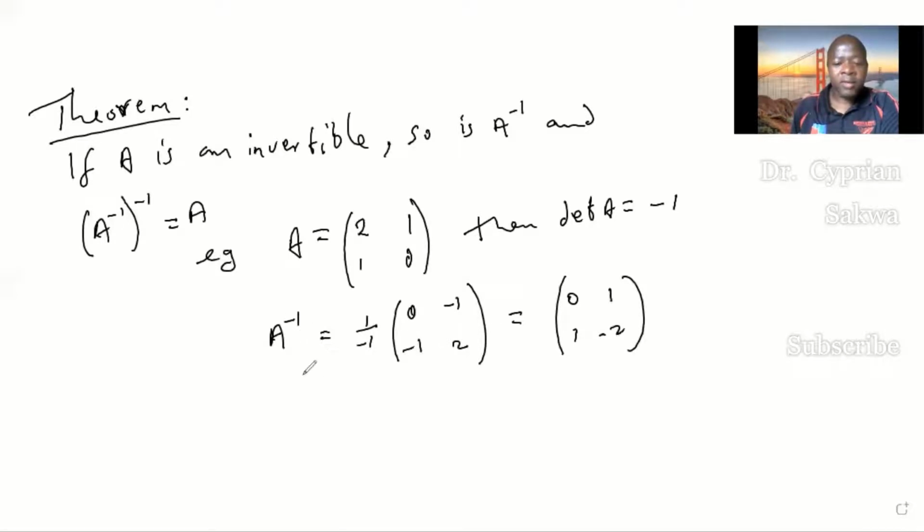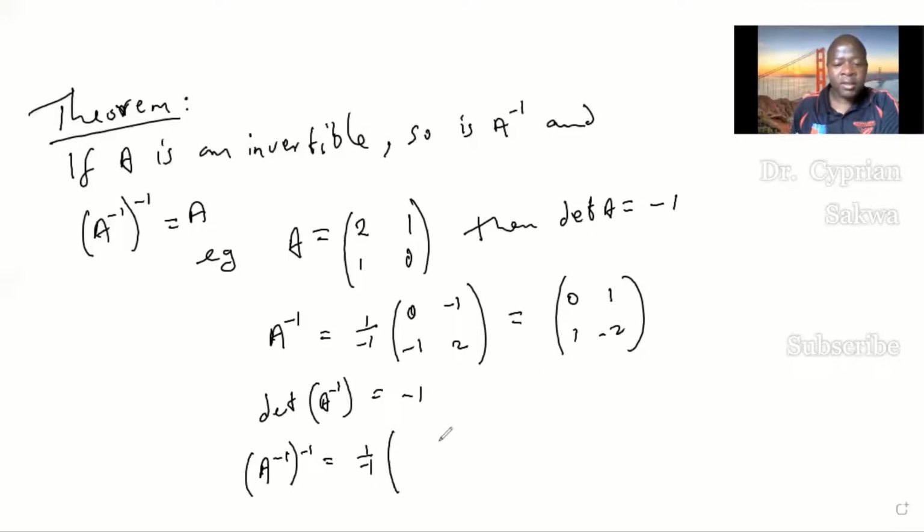So what about the inverse of A inverse? Again, I would find the determinant of A inverse, and that would be 0 minus 1, which is negative 1. So the inverse would be 1 over this determinant times the adjoint here.